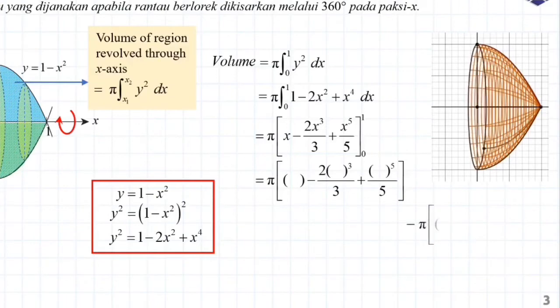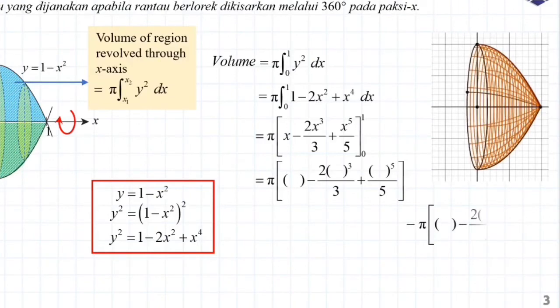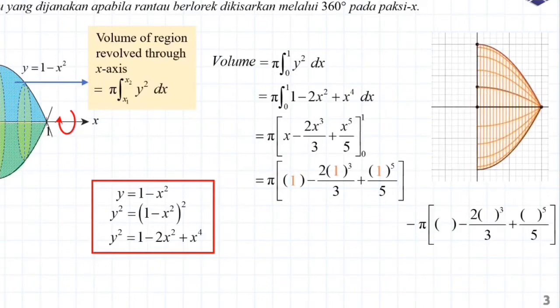Okay, the upper limit here is 1 and the lower limit here is 0. So we will substitute 1 first, okay, into the bracket, and then minus the lower limit, which is 0. So the 1 is the upper limit, substitute first, followed by minus the lower limit, which is 0.